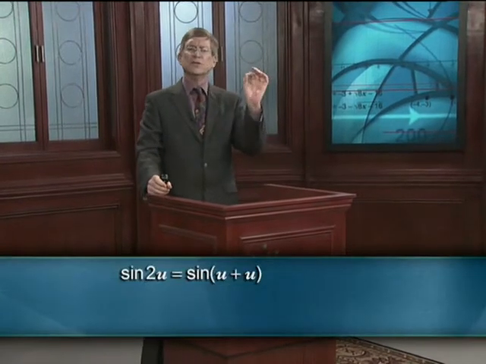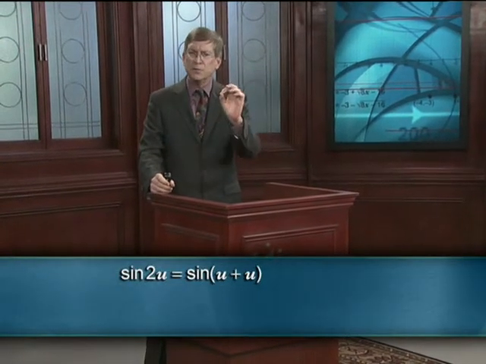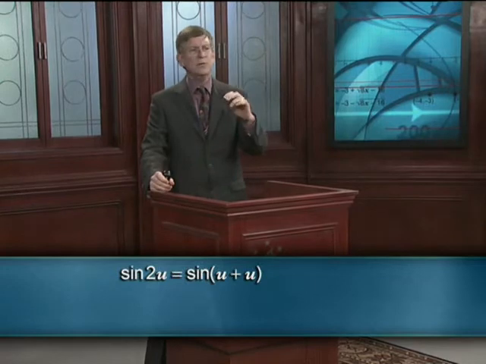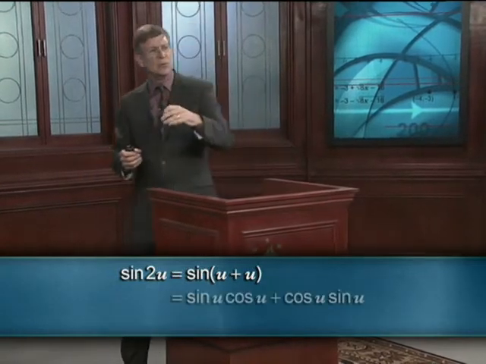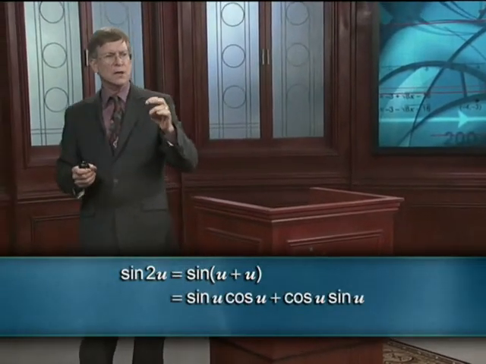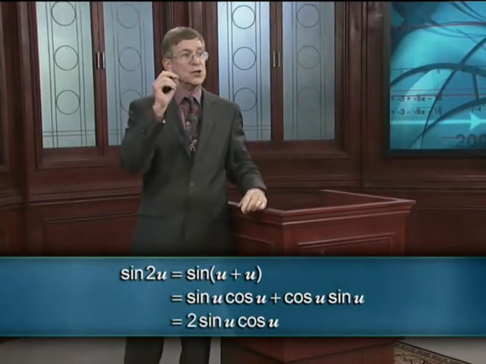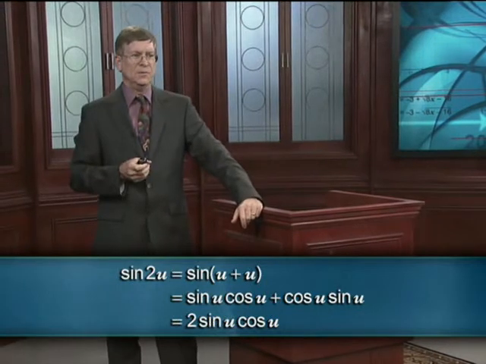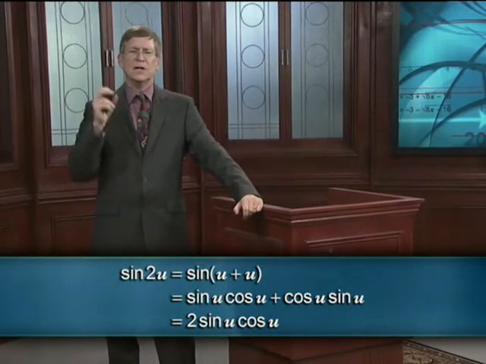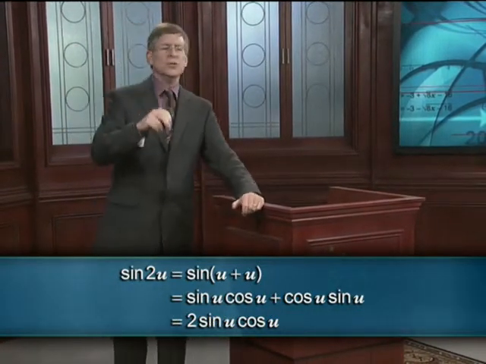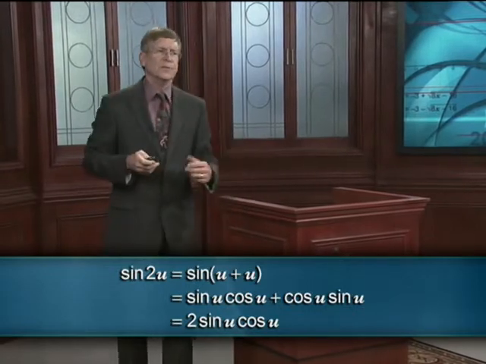Well, use the sine of u plus u. 2u equals u plus u, and now use our formula. That's equal to sine u cosine u plus cosine u sine u, the same thing twice. It's 2 sine u cosine u. So that's a nice formula to memorize. Sine 2u equals 2 sine u cosine u.